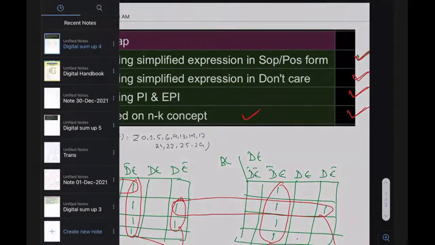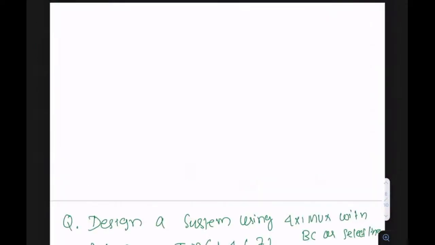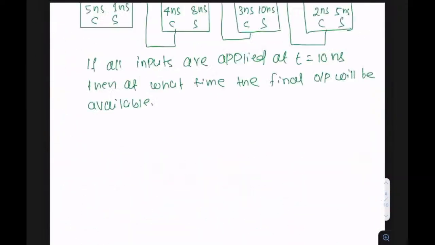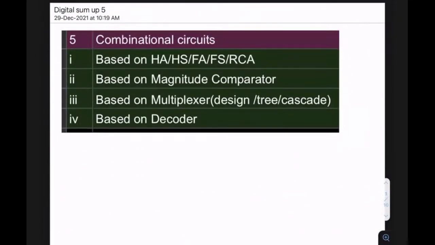So having said that, let's go into the next chapter, which is basically combinational circuits. Okay. So here we have the questions based on half adder, half subtractor, full adder, full subtractor, ripple carry adder. Then based on magnitude comparators, based on multiplexers, and based on decoders.